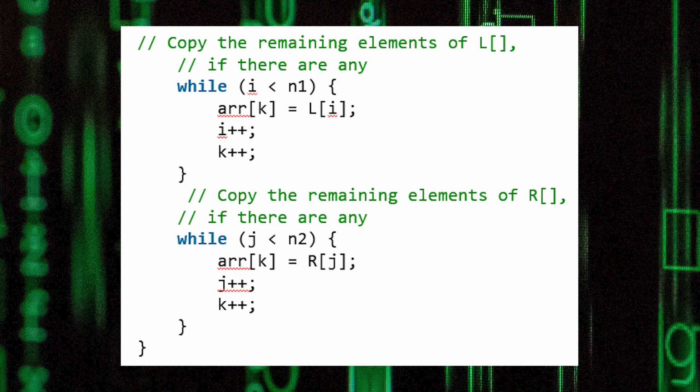Once we have performed the sorting operation, the remaining elements of the temporary arrays are transferred to the main array. With the help of while loops we are transferring these. If elements are left in the temporary array, the information is transferred.